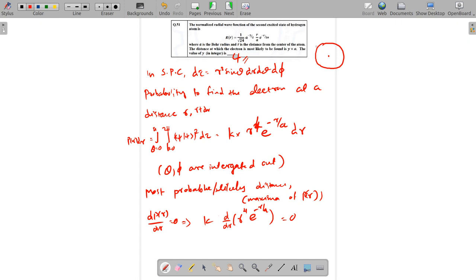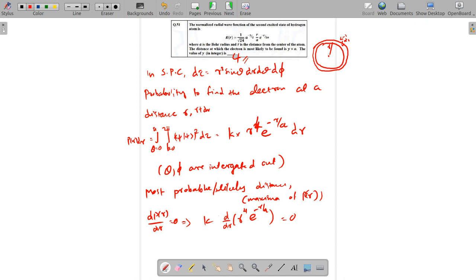So if I take an infinitesimal shell of thickness dr, so this thickness is dr here, and the radius at a distance r, then what's the probability that I can find the electron in this shell?